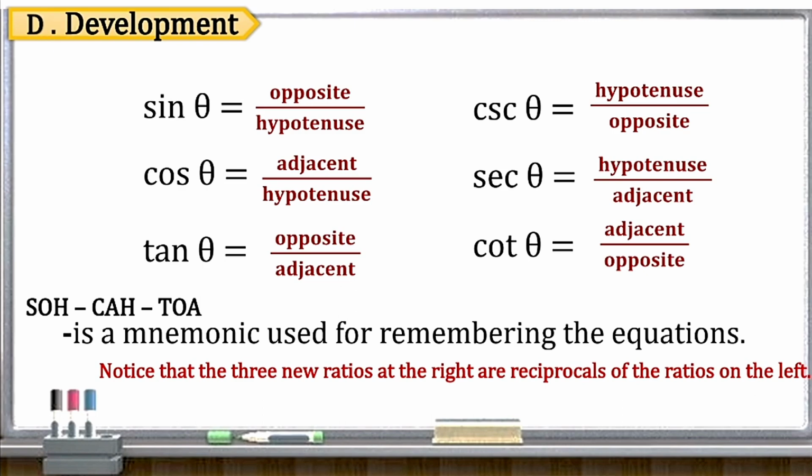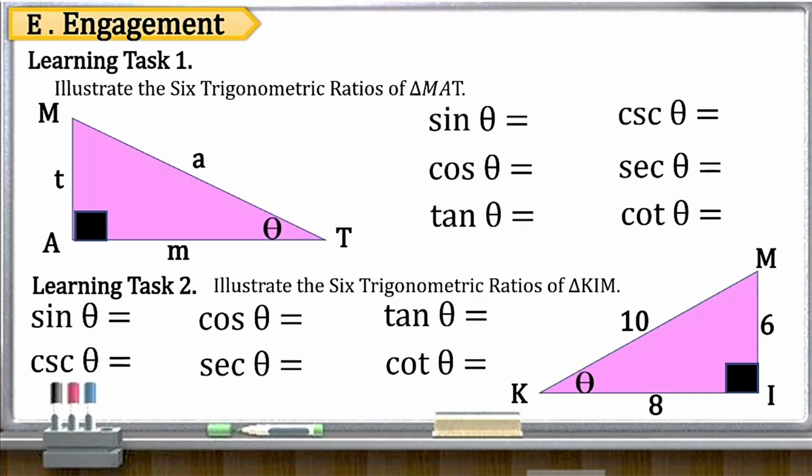So, proceed na tayo class sa learning task number 1 and learning task number 2. Dito, tutulungan ko kayong masagutan ang learning task number 1 and number 2. So, gagawa ako class ng parallel question. Ibig sabihin, magbibigay ako ng example na halos katulad nito.